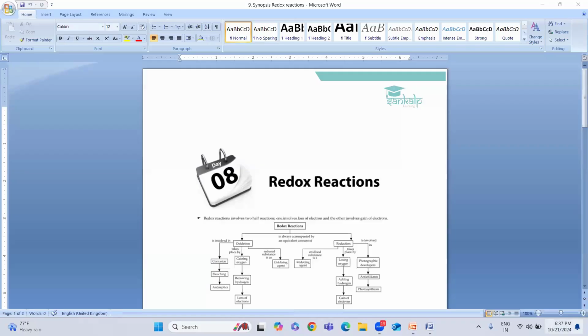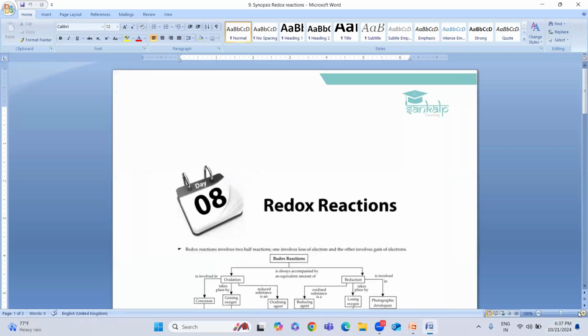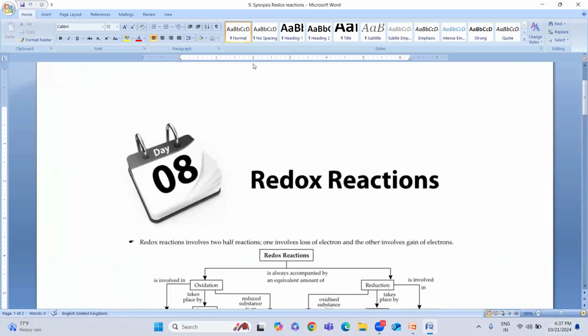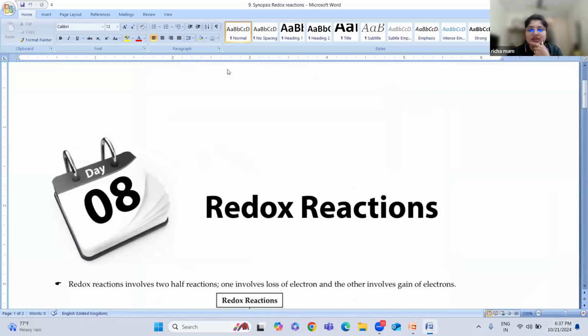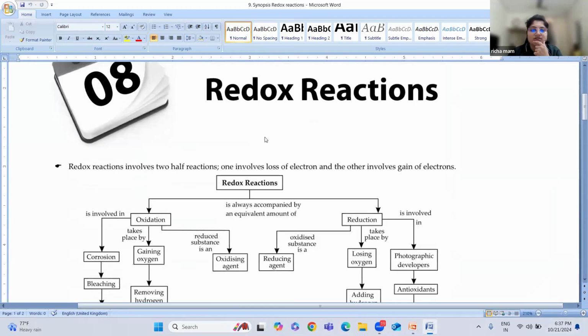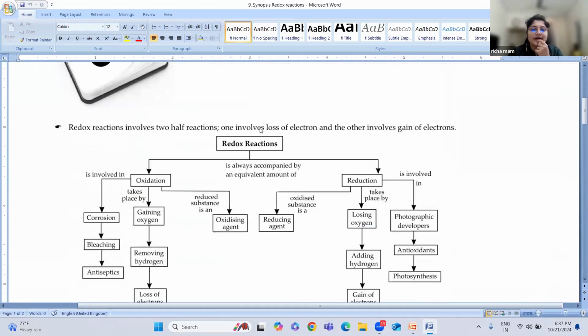Okay. So these were the synopsis, the short points which we have discussed about the important things in the redox reaction. Firstly, we have seen what is a redox reaction: reactions in which reduction and oxidation take place simultaneously, right?